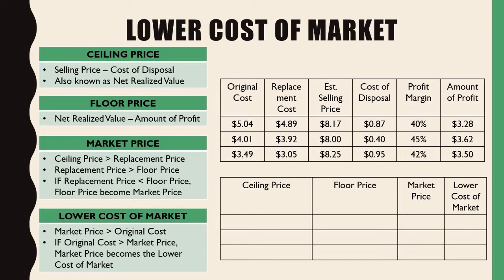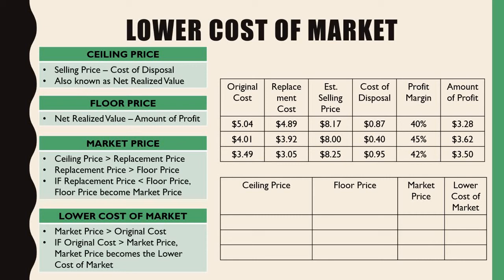Now, what you're going to do is take the ceiling, the floor, and the replacement cost, and place them in numerical order, okay, from highest to lowest, okay? How you determine the market price is you determine which number falls in the middle, okay?